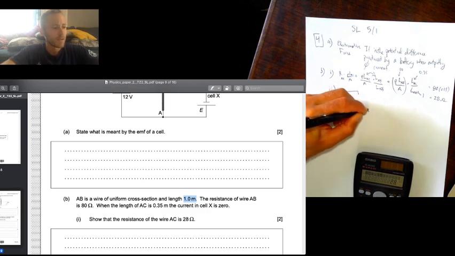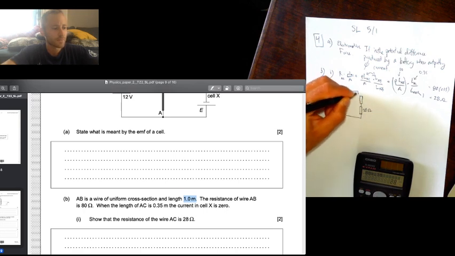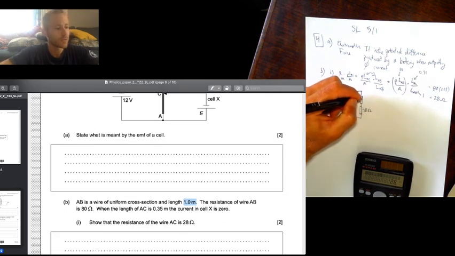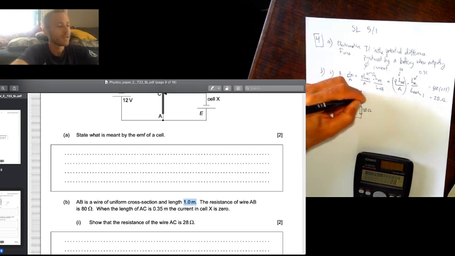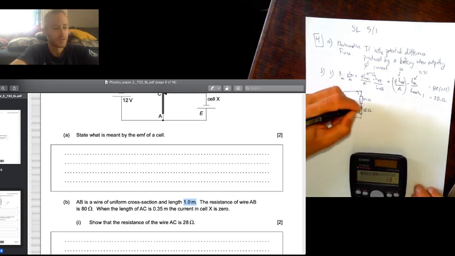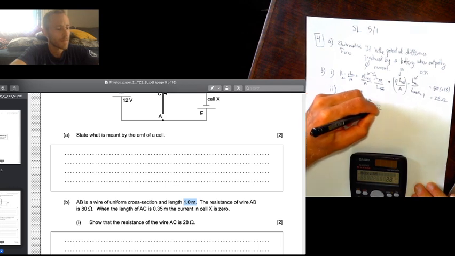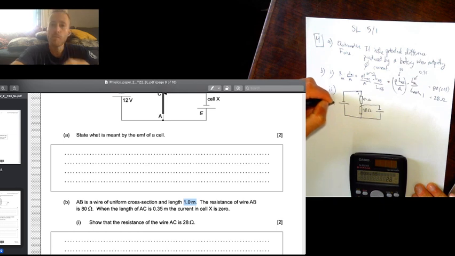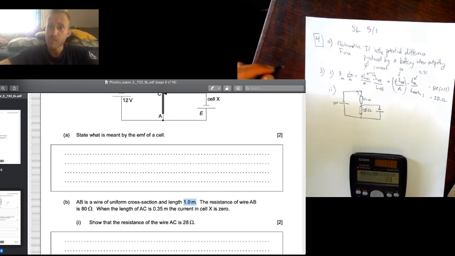The resistance of the entire wire is 80 ohms, so the remaining resistance is 52 ohms. Then we have cell X right here, and this is E volts.